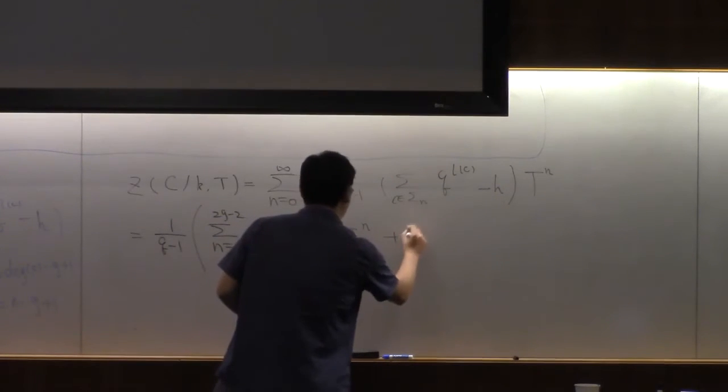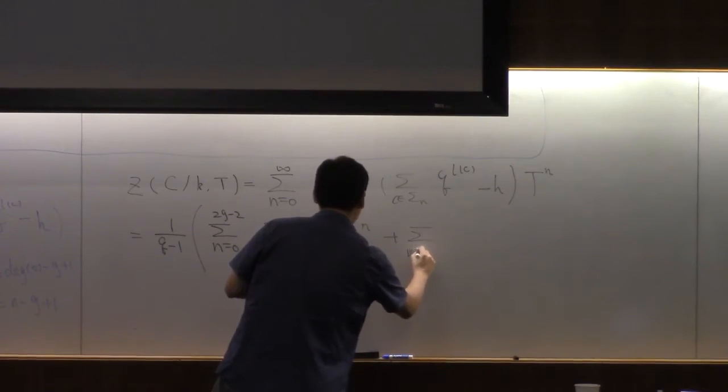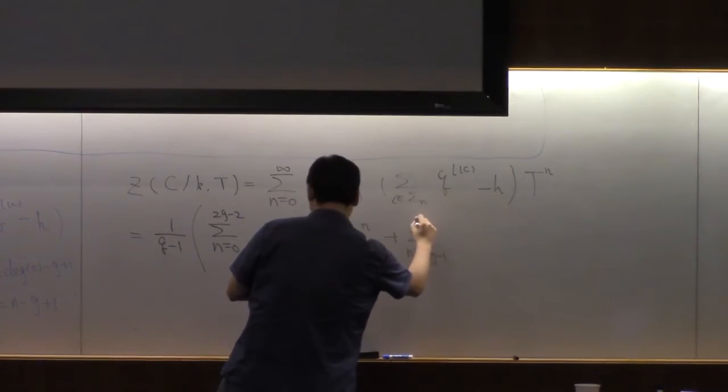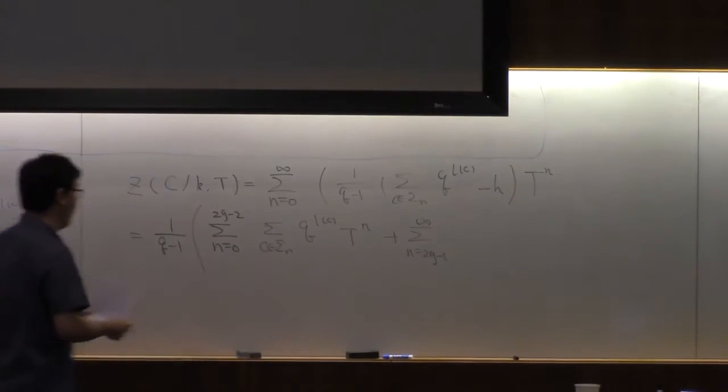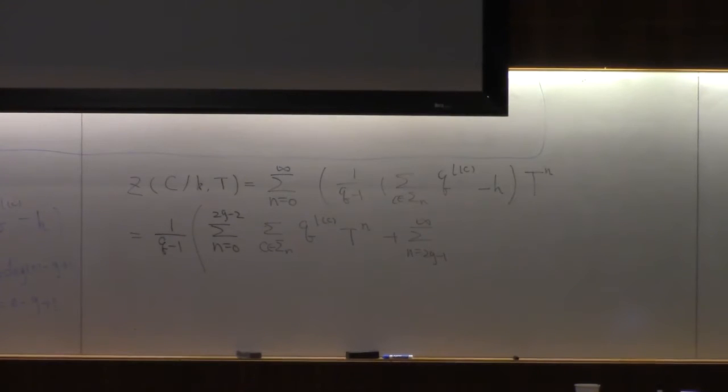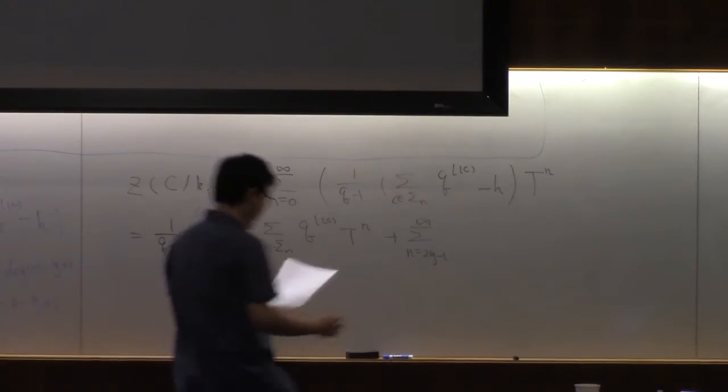And then for the other terms, if n is large enough, the Riemann-Roch theorem tells you that the exponent can be computed very explicitly.